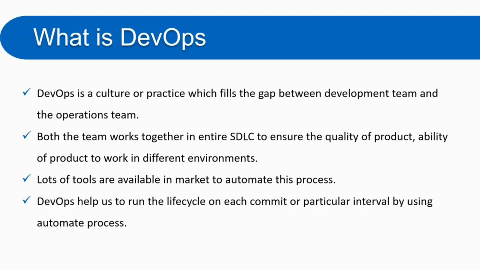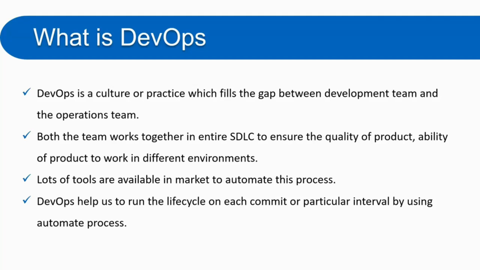So what is the meaning of this line? If you talk about the overview of the software development lifecycle, what happens? Initially we plan, we develop and we deploy. But if I say that all these processes will happen on each commit you make to your code, so whenever you are working on a Git repository or any other code repository and you commit your code and simply push it, all the steps happen there automatically.